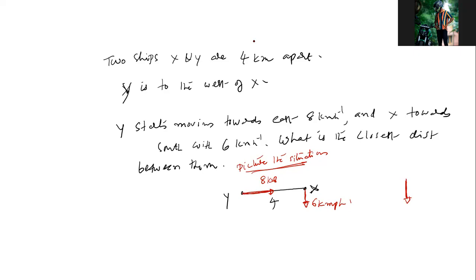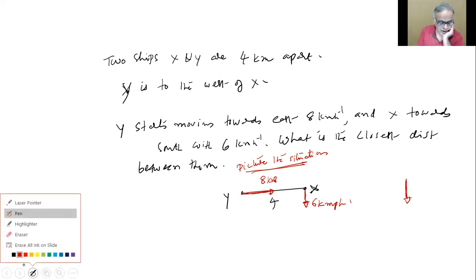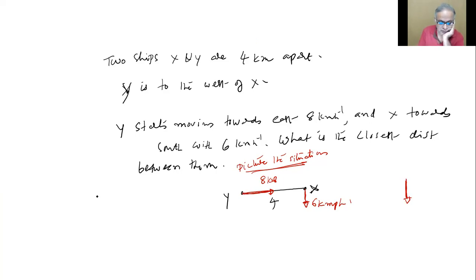No. Look, I'll tell you what it means. Let us take some time to understand this. I'll give enough time for you. Look, this is a 4 kilometers distance initially. So X is here initially, right? Sorry, Y. X is here. So the distance between them is 4 kilometers, right? Now Y comes here.